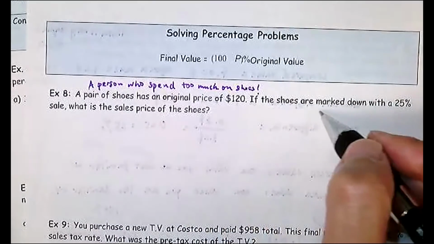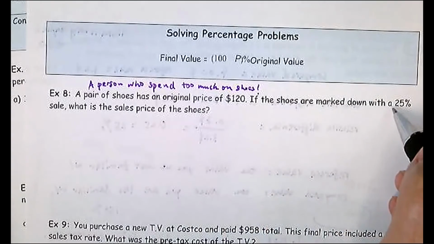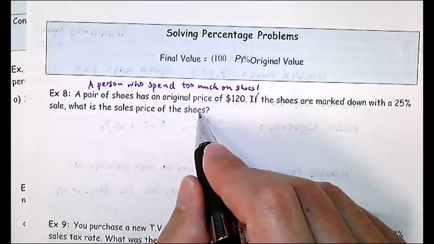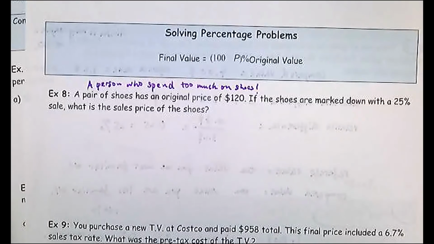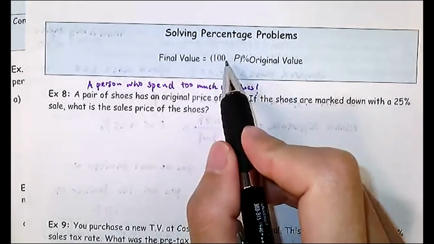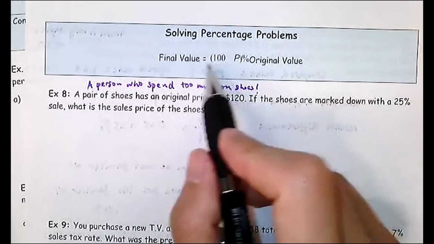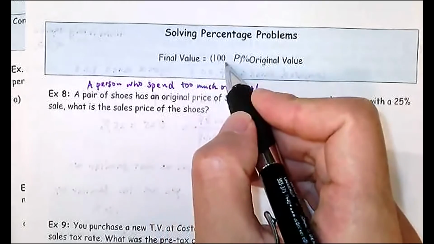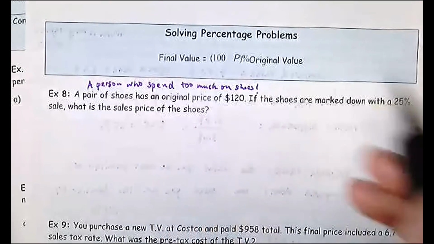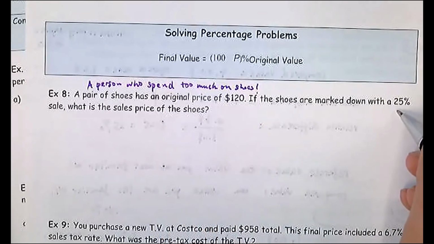If the shoes are marked with a 25% sale, what is the sales price of these shoes? So now we go back to see the formula. Final value is 100 times P, times the original value. P is here.